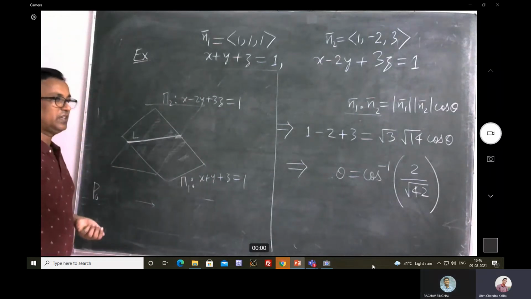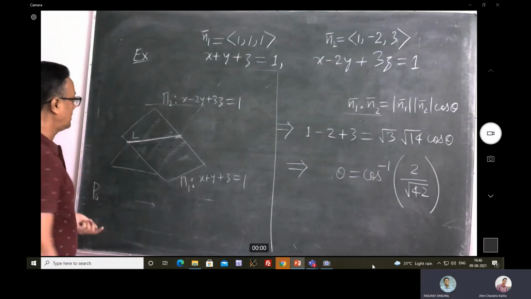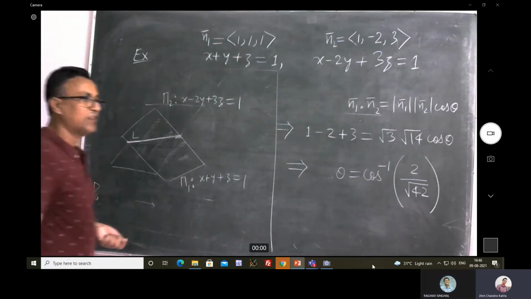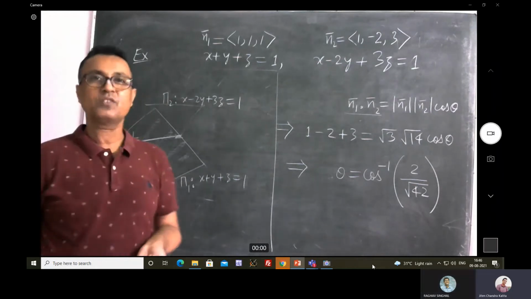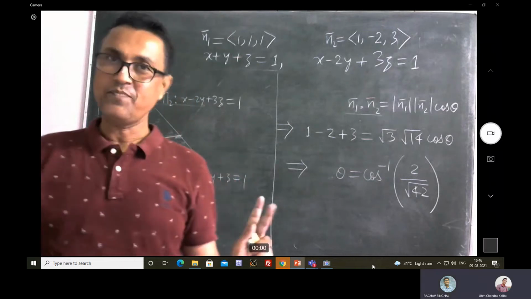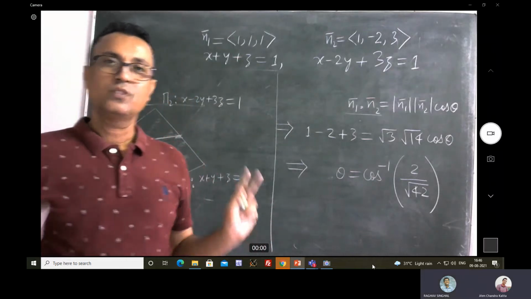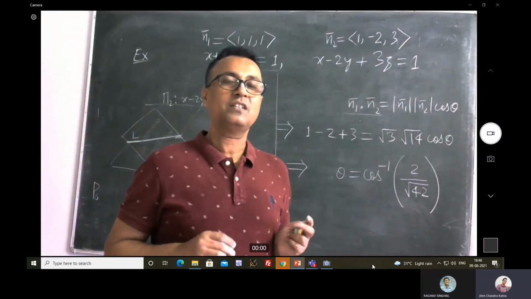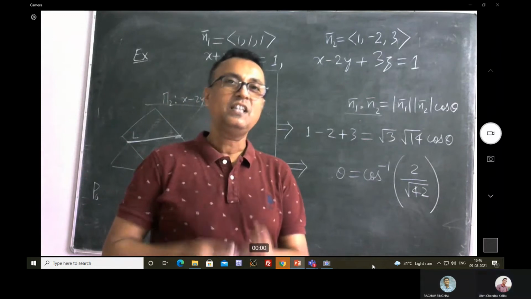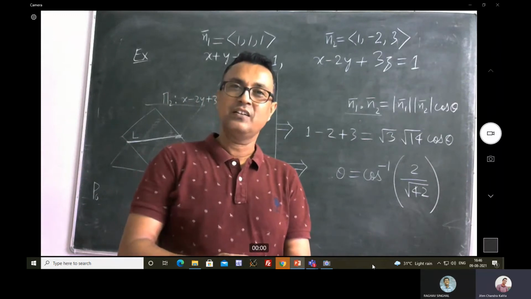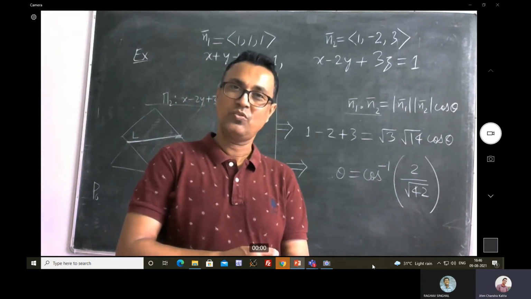Now we have assumed that N1 and N2 are the normals to those planes. The straight line L lies on the plane pi 1 as well as on the plane pi 2.